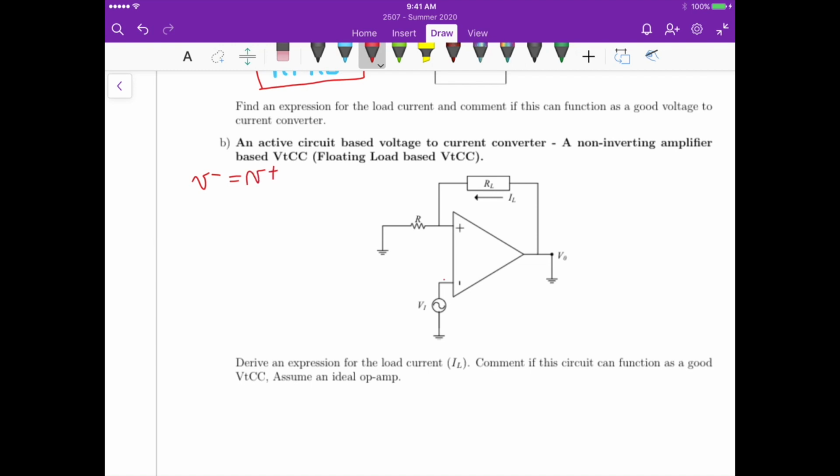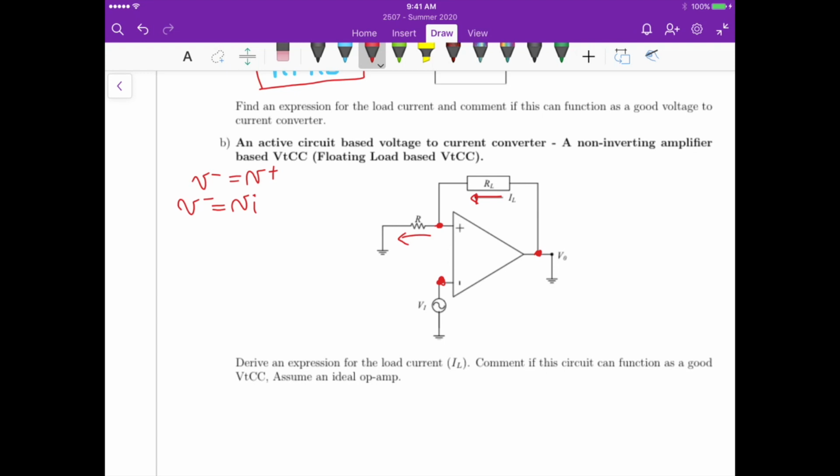And in this case here, we know that V minus is equal to Vi. Cool. So we have Vi up here, and the ground here, and we are grounded also here, right? The current that we observe flowing here should also be flowing here as IL, right?